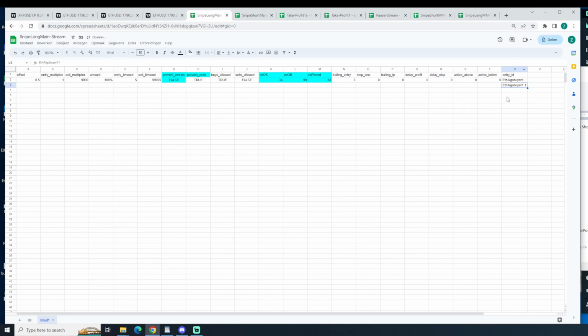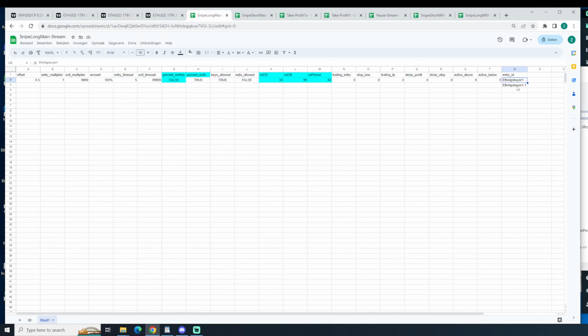This tells the algorithm that this agent, ETH-Algo buyer 1.1, can only enter the market after its parent, ETH-Algo buyer 1, has entered its trade. That makes a lot of sense, because only if we have a position can we start taking profit. It makes no sense to take profit if this agent hasn't opened any trades.